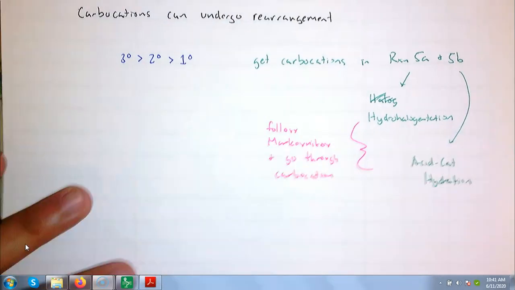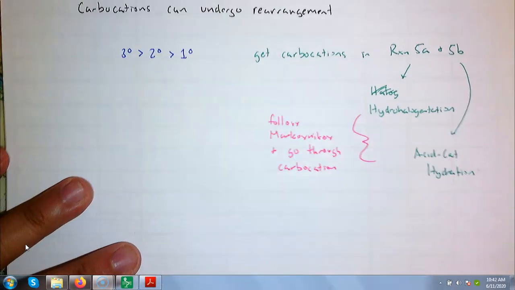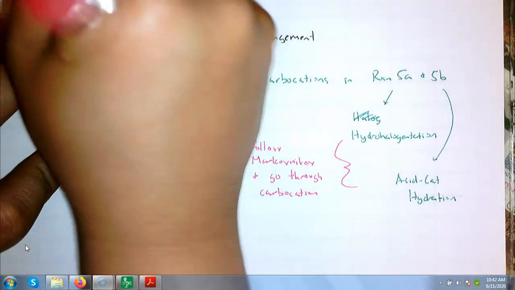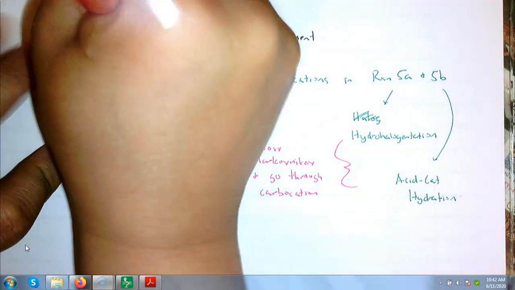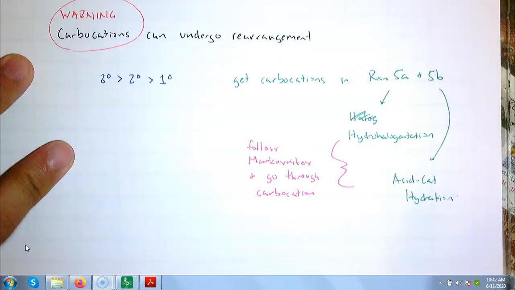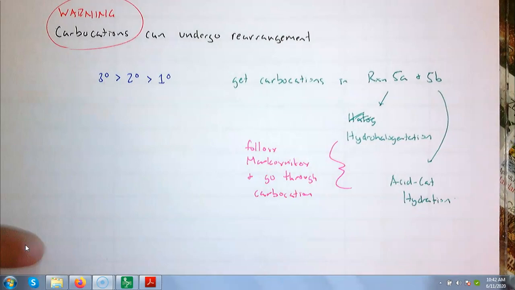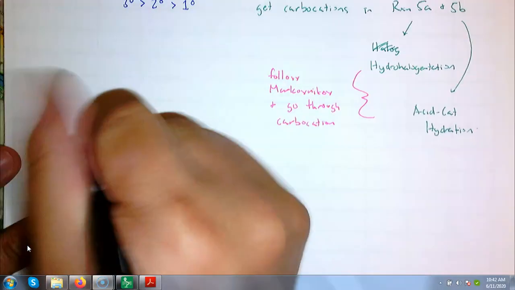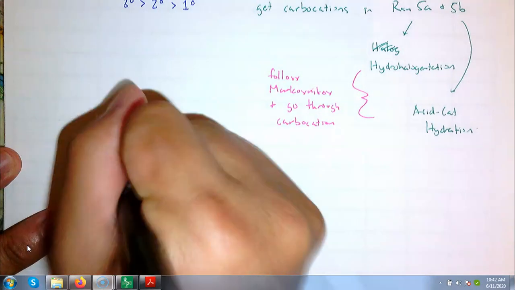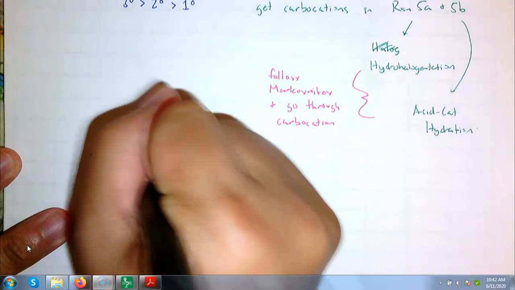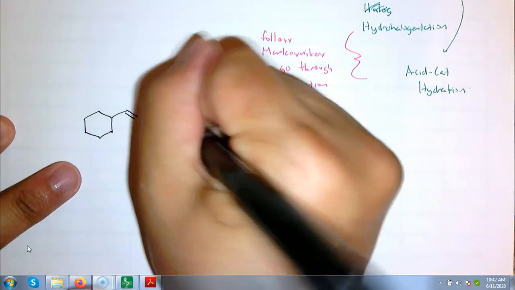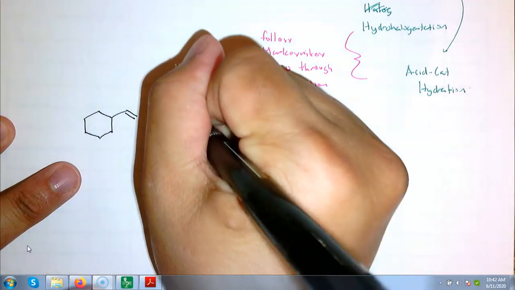Okay. Let me give you an example, because this is a warning, that carbocations can do something unexpected. Here's the unexpected thing that they could do. Okay, let's go back and let's try HBr.